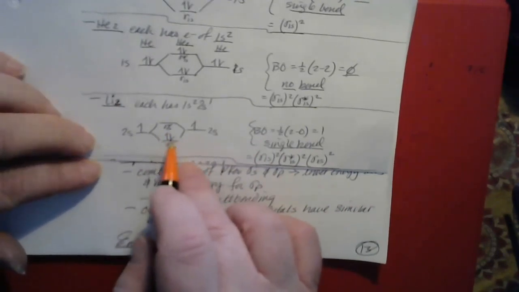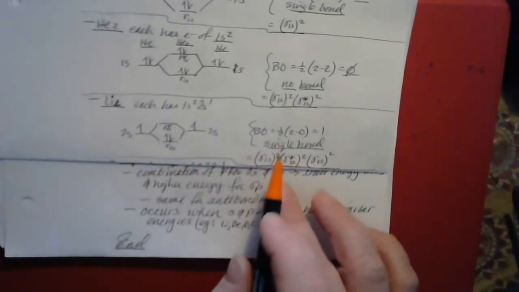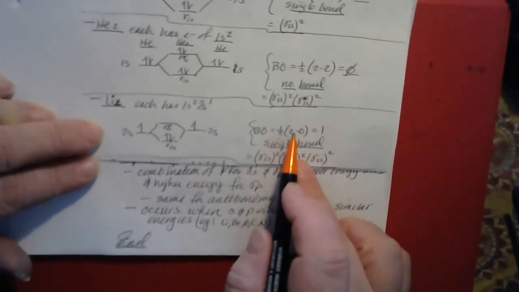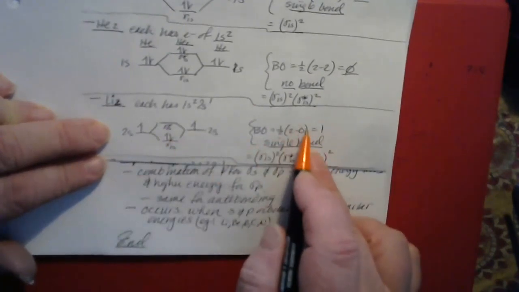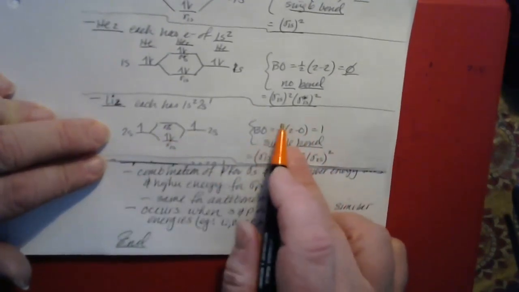And so both of those 2 electrons go into the lowest energy orbital available, which is the sigma 2s bonding orbital. And if you want to look at bond order, the bond order is 1/2 of the number of bonding electrons, which is 2, minus the anti-bonding electrons, which is 0. So 1/2 of 2 is 1. So single bond, this molecule does form.